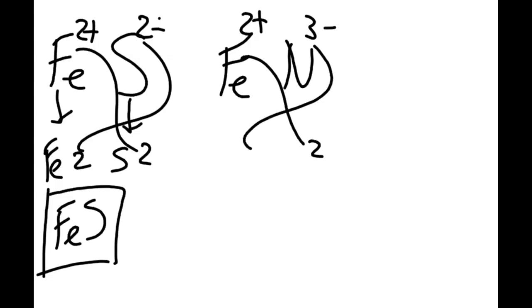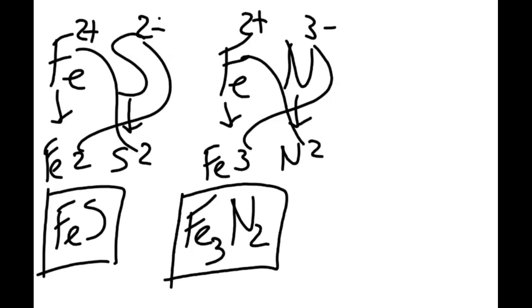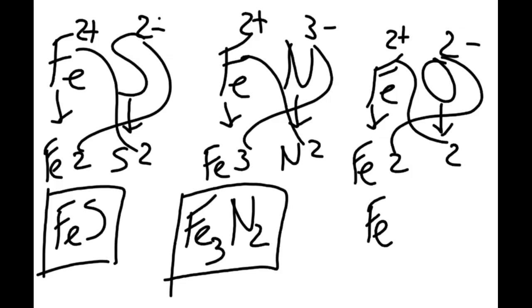Crisscross those numbers. Symbols straight down. In the box, I need to show that each of them have a subscript. There's a 3 next to the iron, and the N has a 2 to balance out to make a neutral compound. All right, let's do Fe, 2 plus. Oxygen, 2 minus. Crisscross my numbers. Symbols straight down, and you guessed it, simplify and write in the box FeO.